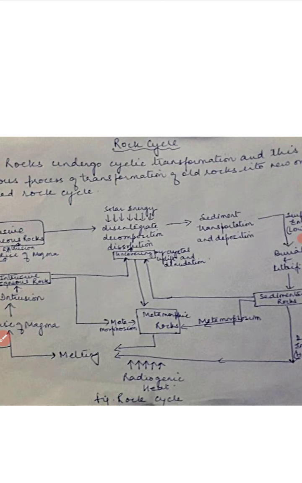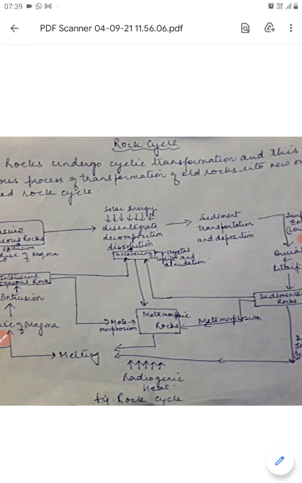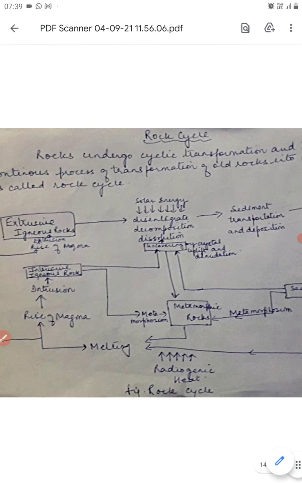Both the rocks, the extrusive igneous rocks and the intrusive igneous rocks, after disintegration, decomposition or dissolution, give rise to the metamorphic rocks, right? So this is the rock cycle.